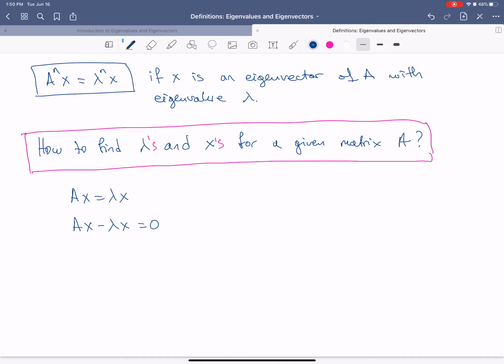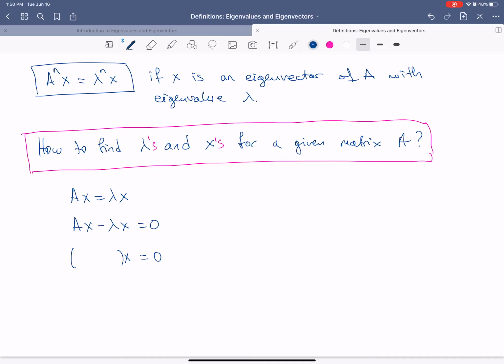So I see here Ax and then lambda x. It means I can factor out x, and I have to factor it on the right-hand side because it multiplies A on the right-hand side. Lambda is not important because lambda is a number, so I could very well write x times lambda if I wanted to.